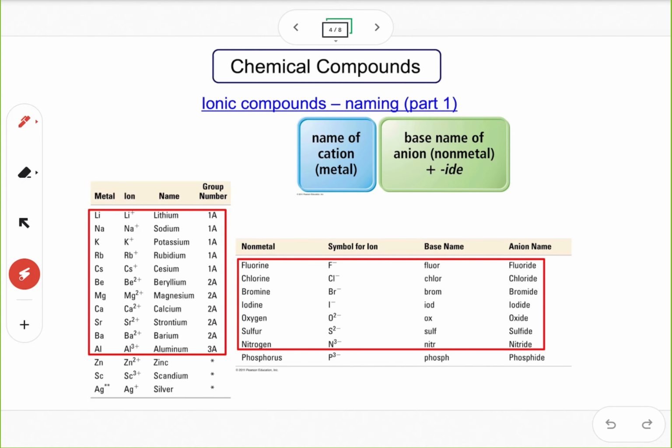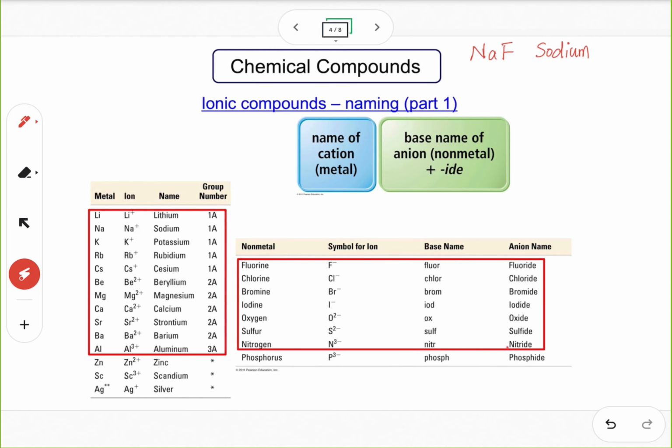Okay, let's talk about some examples. For instance, NaF. How do we name this compound? According to the rule here, since Na is Na plus, it is sodium: the name of the cation metal, and the base name of the anion plus ide.